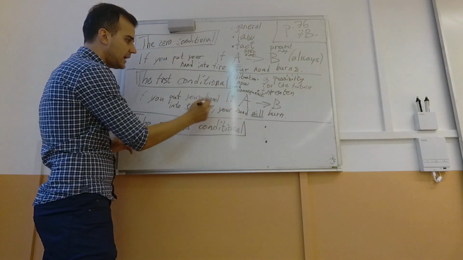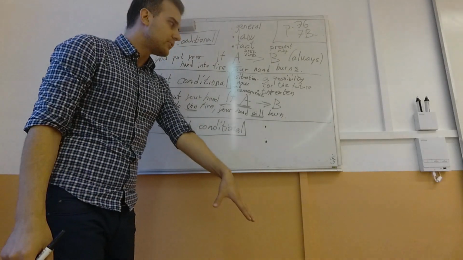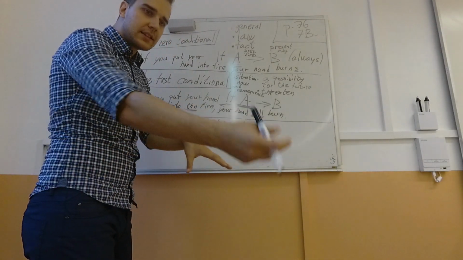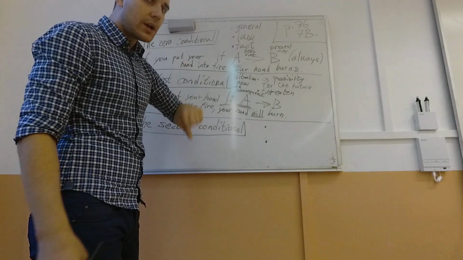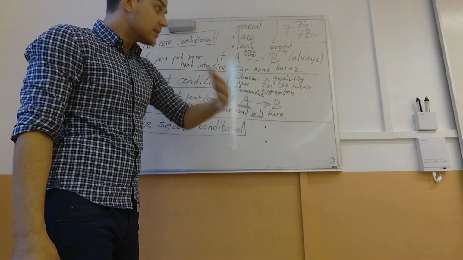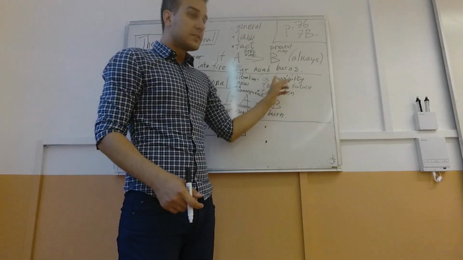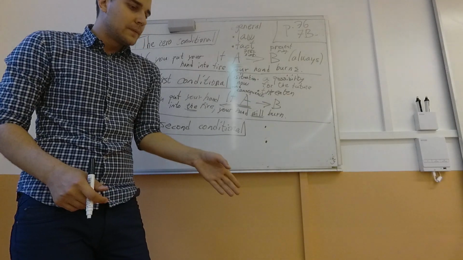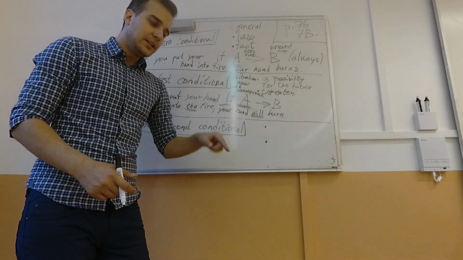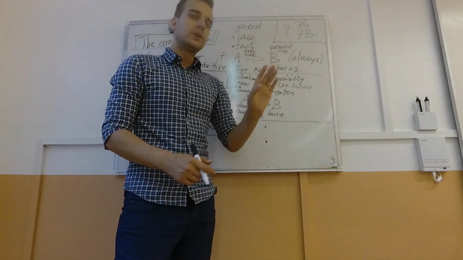So A, if A happens, A would be putting your hand into fire. If you do that, something will happen to your hand right now. So it is the situation now. There is the consequence that will be the B, your hand will burn. It is a possibility. I'm saying, hey, look, there's fire here. And if you put your hand into the fire, your hand will burn. And you can threaten.